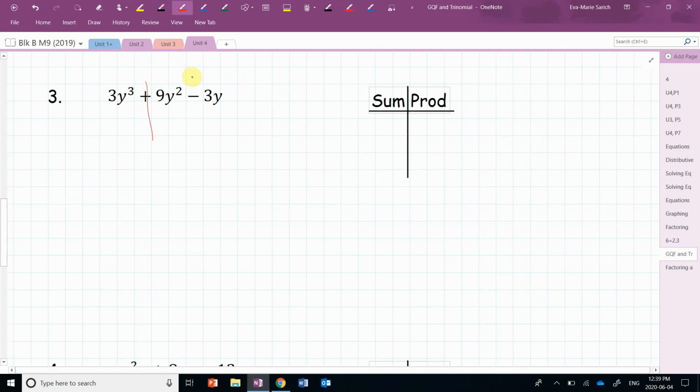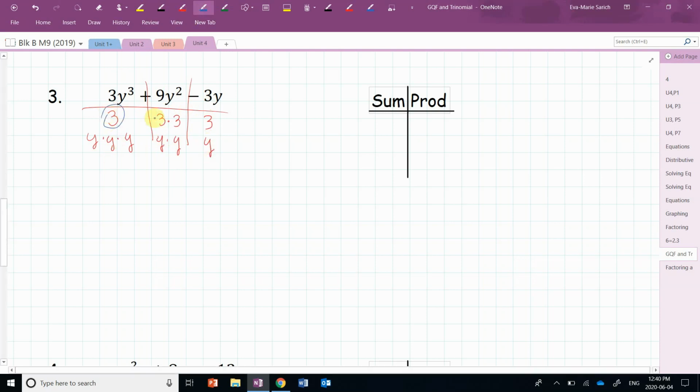Okay, break it down into its factors. So 3 is prime, and then y cubed is y times y times y. 9 breaks down into 3 times 3, and y squared breaks down into y times y. The last term, 3 is prime, and y doesn't break down. So now what do we have that's common?